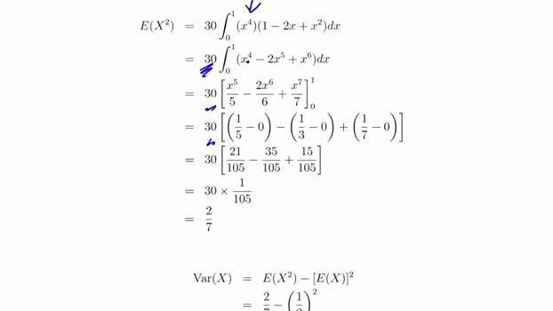We get x to the power of 5 over 5, minus 2x to the power of 6 over 6, plus x to the power of 7 over 7. Using the limits of integration, 0 and 1, we evaluate it and get 1/5 minus 1/3 plus 1/7, which should work out to be 2 over 7. So that is the expected value of x squared.